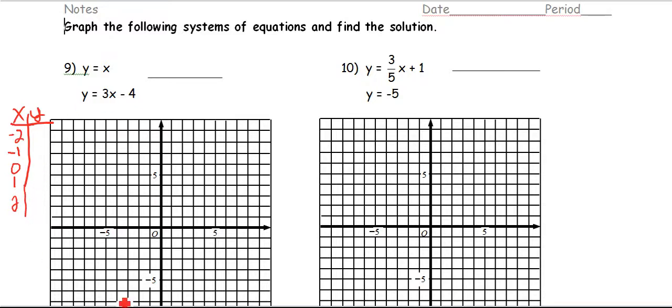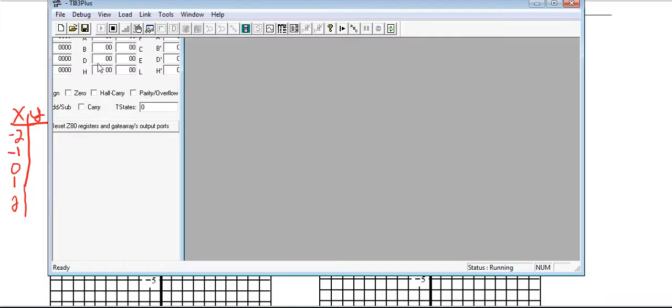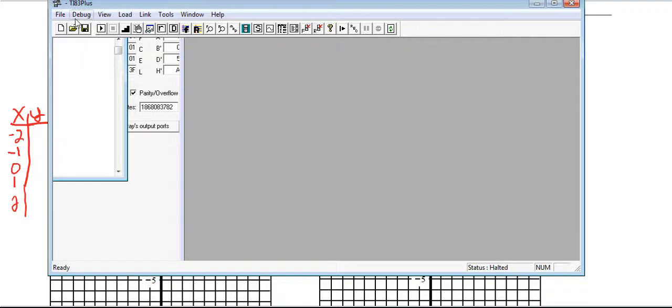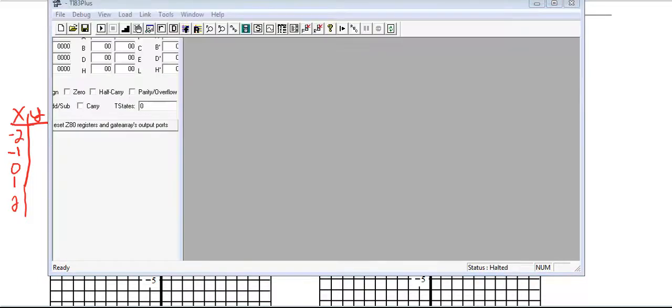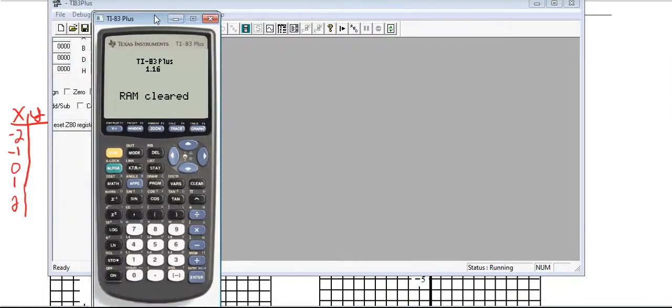And we're going to bring up our calculator and plug in the values for y equals x.